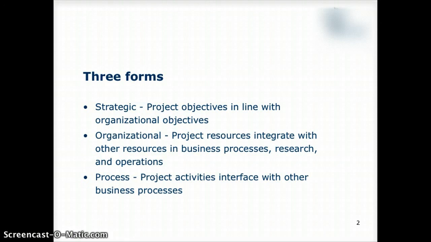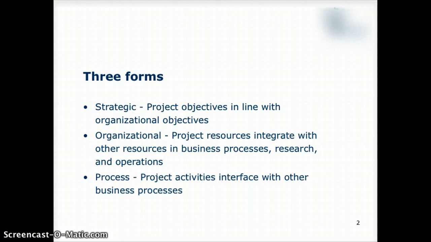Okay? When you look at the organizational alignment, we look more at things like the resources that we use in the project and that they align with the other resources used inside your organization, inside the business process, research, and operations. So that we have, for example, a type of resources inside our organization that are useful for projects, that the resources we have in projects integrate and can be used throughout the organization, and so on and so forth.